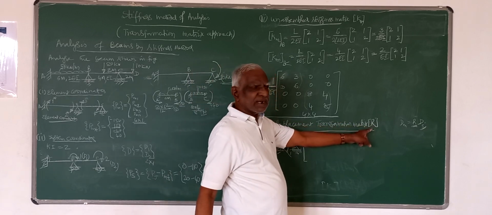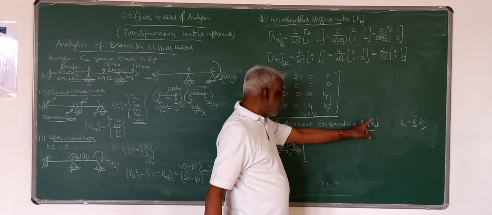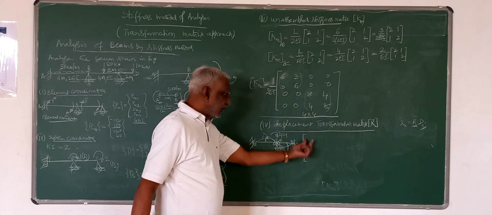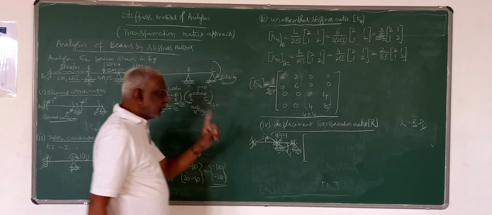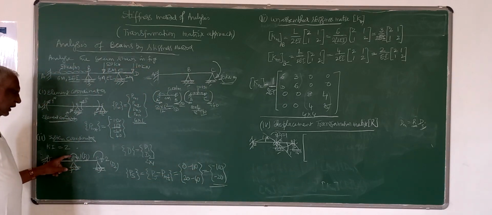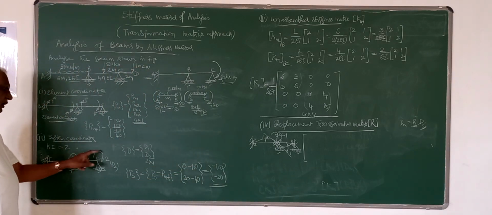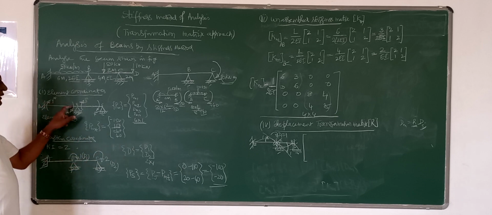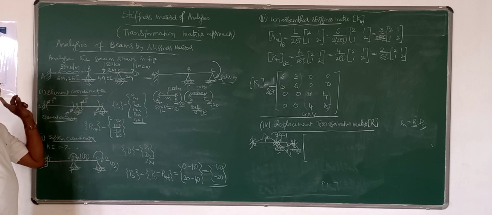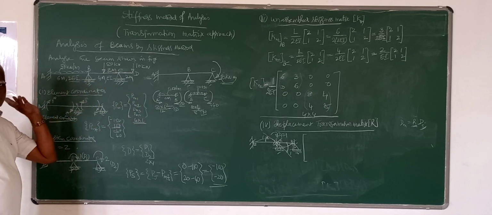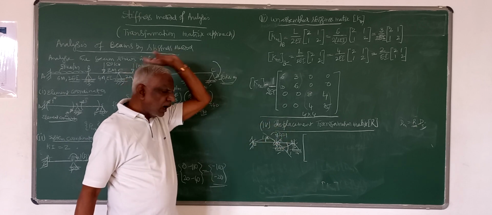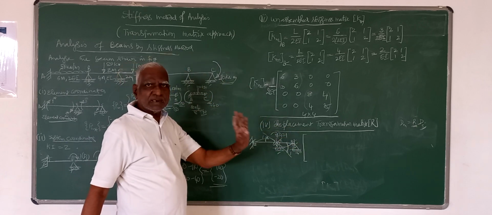I told you the columns of this displacement transformation matrix you can determine by applying unit displacement along each of the system coordinates one at a time and finding the corresponding displacements at all other coordinates. When you give unit displacement along one coordinate, all other displacements you have to keep 0.